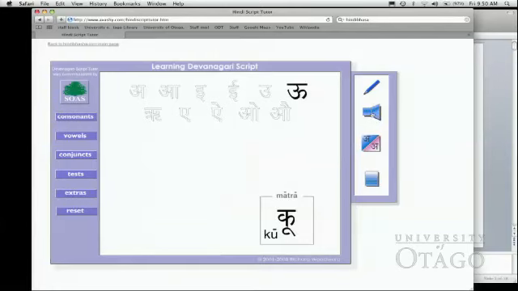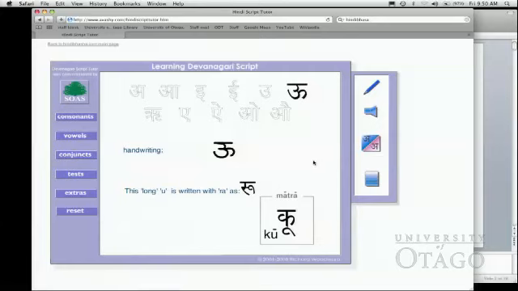Oo. Yeah, here is an example. ऊंचा. And this is oo.